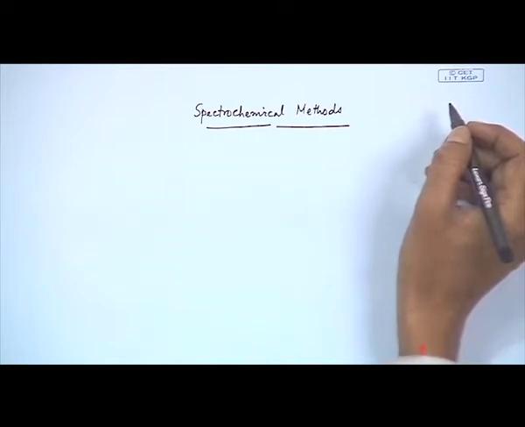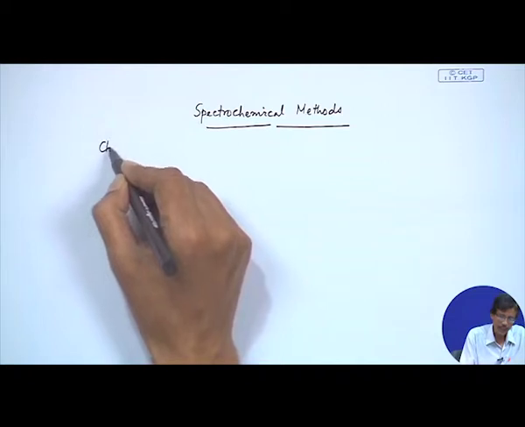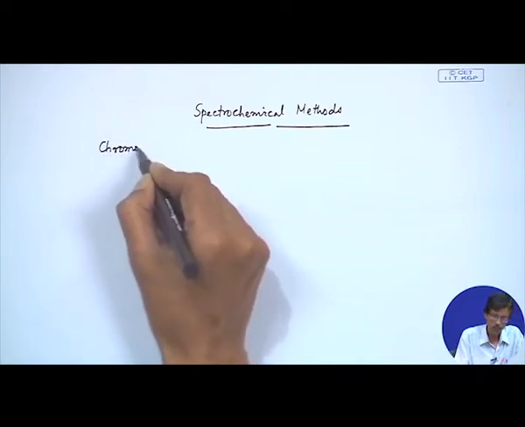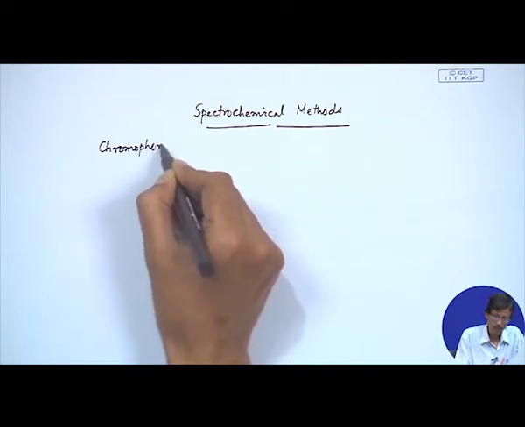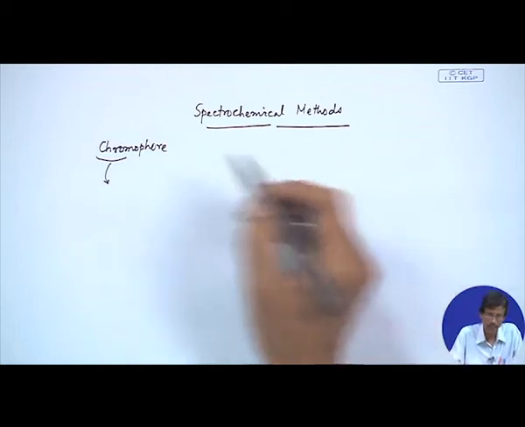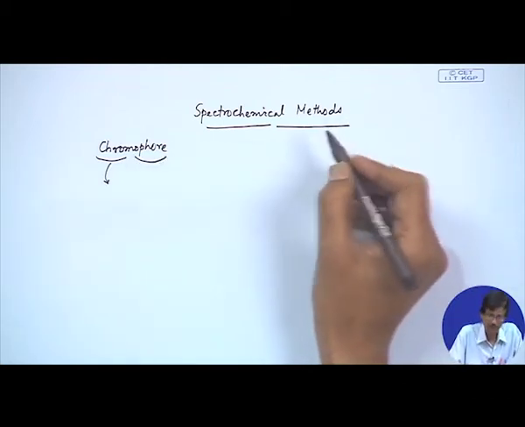That means they are responsible for electromagnetic radiation absorption, giving rise to a colored solution, and in that way we have defined some species which is known as chromophore, which is related to the chrome. We all know the chrome is the color and phore is the corresponding color absorbing species.